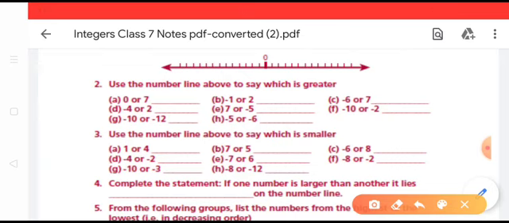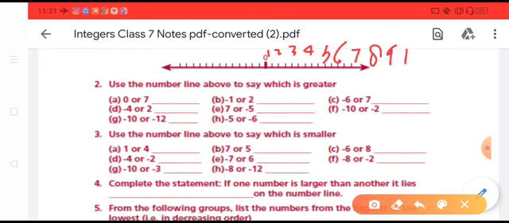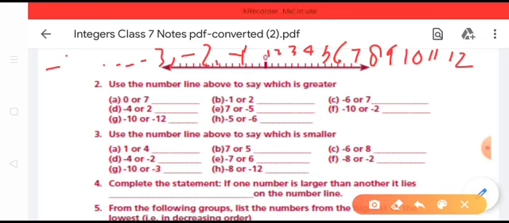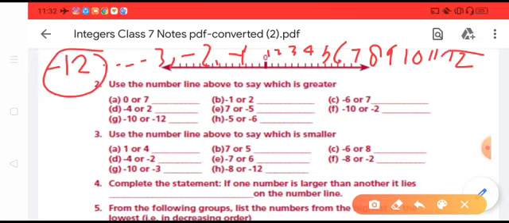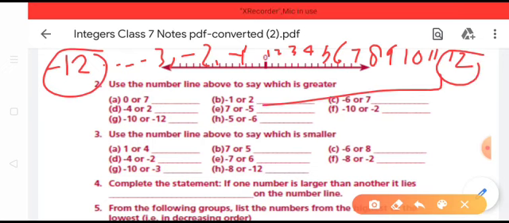So write 1 2 3 4 5 6 7 8 9 10 11 12, and on the left-hand side you can write -1, -2, -3 and so on up to -12.